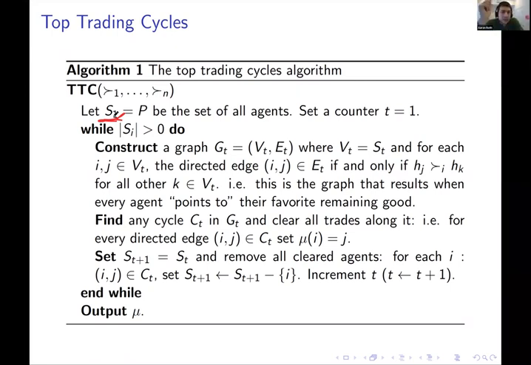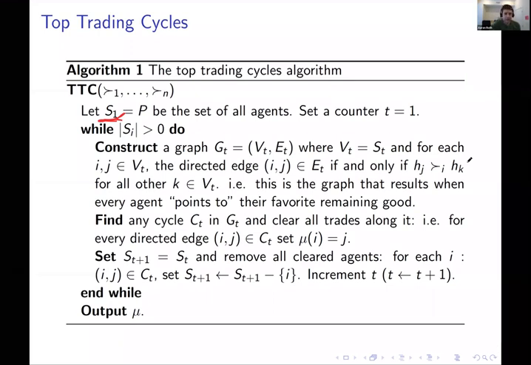While there are people still in the market, we're going to construct the graph induced when everyone points to their favorite good. The vertex set in this graph is just the people who are still in the market, and there's a directed edge from person I to person J only if good J is person I's favorite good amongst all of the remaining goods.